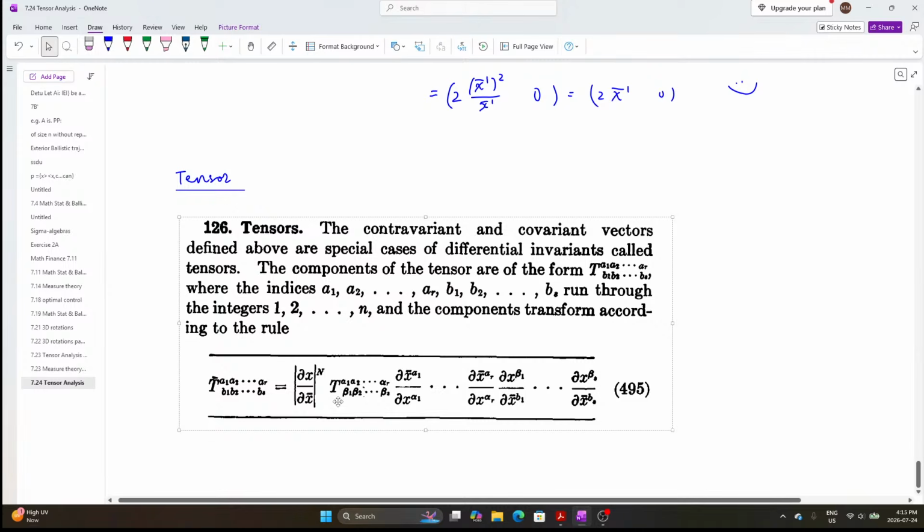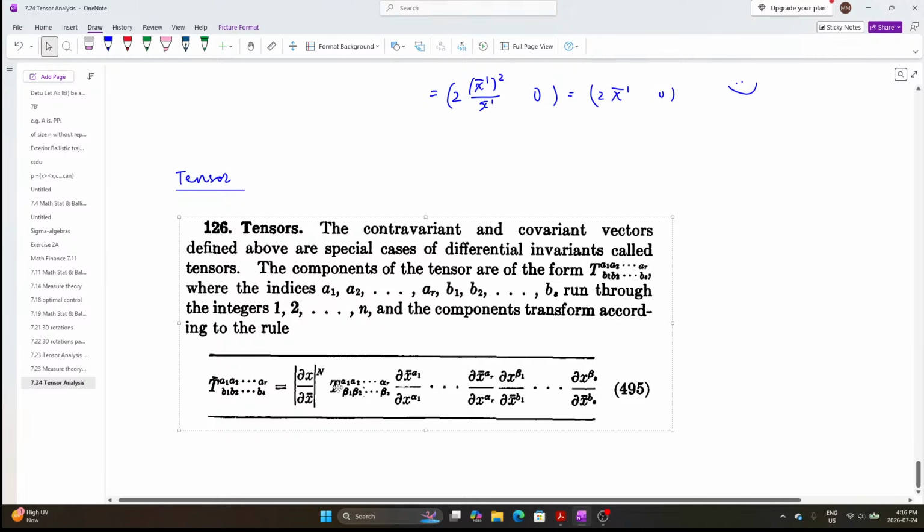First of all, you have the old components: T with alpha 1, alpha 2 all the way to alpha R upstairs, and beta 1, beta 2 all the way to beta S downstairs.